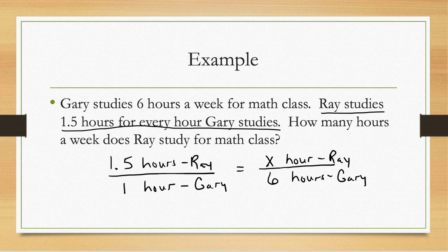Both of the numbers that relate to Ray are in the numerator of the fraction, and both of the numbers that relate to Gary are in the bottom part of the fraction. So we'll go ahead and cross multiply. 1.5 times 6 is going to give me 9, and x times 1 is just going to be x. So how many hours does Ray study for math class? Ray studies 9 hours.